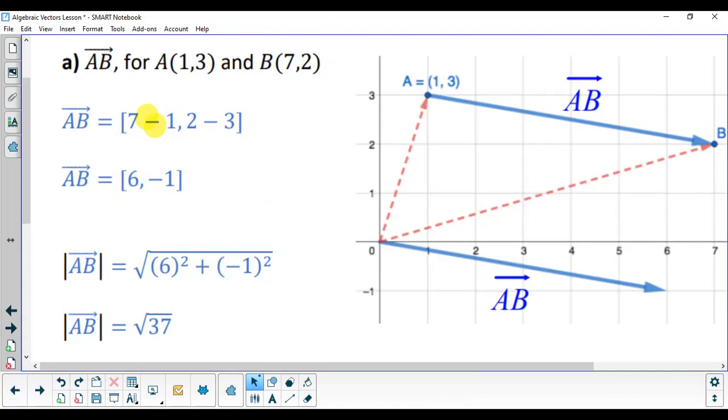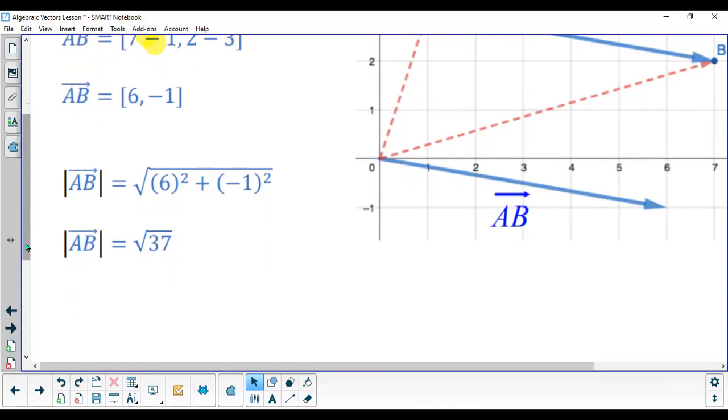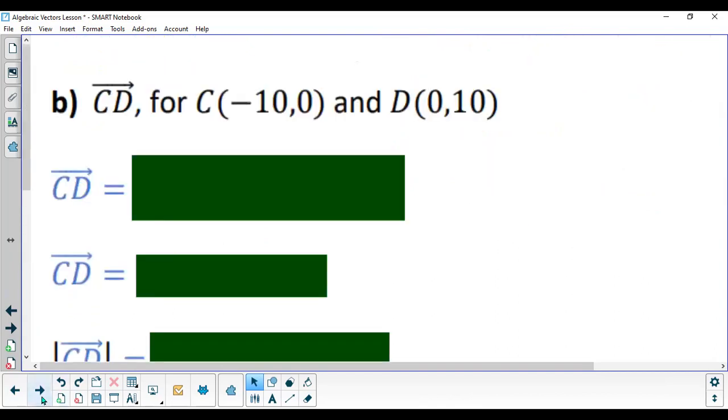Once we have that vector in component form, we can use the magnitude formula to solve for the magnitude of that vector. So very straightforward, very simple, but I want to move on to a word problem. So there are 3 examples, I believe. So points C and D are also defined.